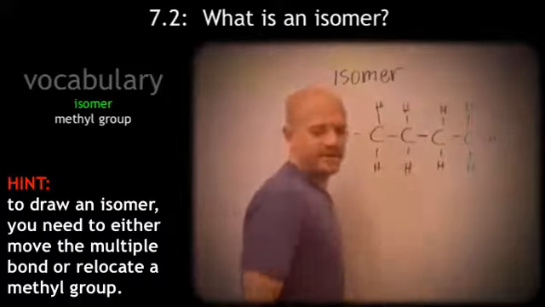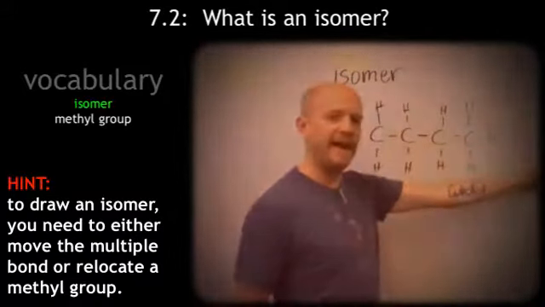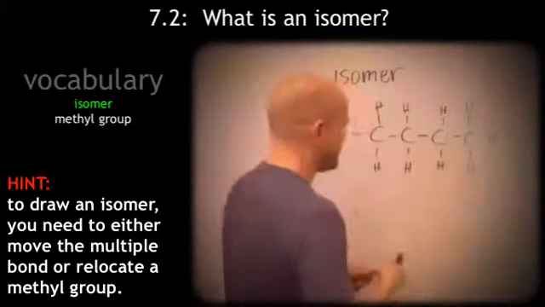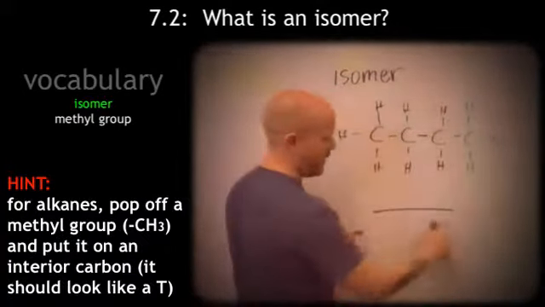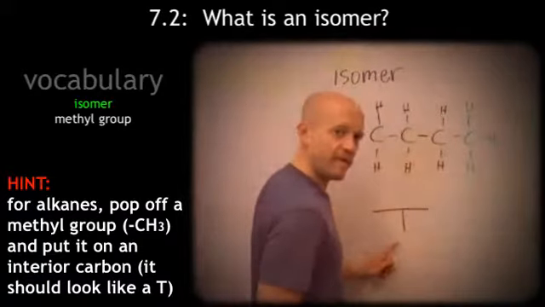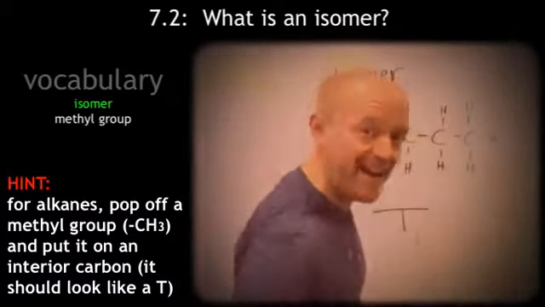Now to make an isomer of this butane, I could pop one carbon off and stick it somewhere in the middle. Instead of a line of carbons, I'm going to have a shorter line of carbons and another carbon sticking off the middle. This is basically how you make an isomer from a long chain of an alkane.